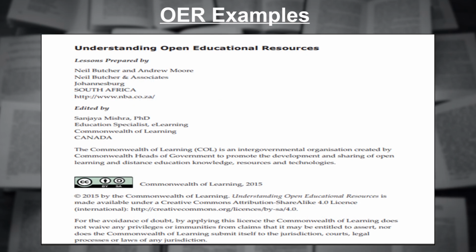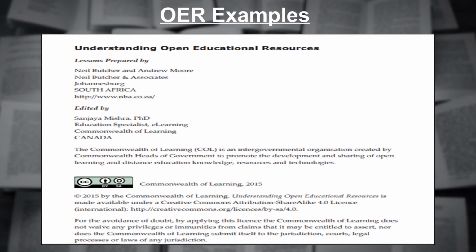Then this is a text material of Commonwealth of Learning and the title is Understanding Open Educational Resources. This text is purely on giving an understanding about what open educational resources are. This is an e-text, electronic text, and on the lower side you can see the experts who have prepared this.